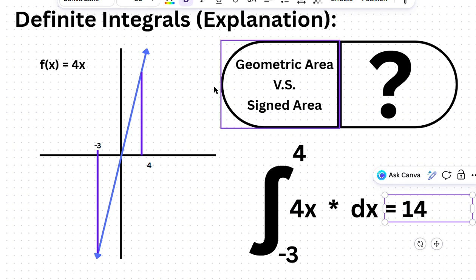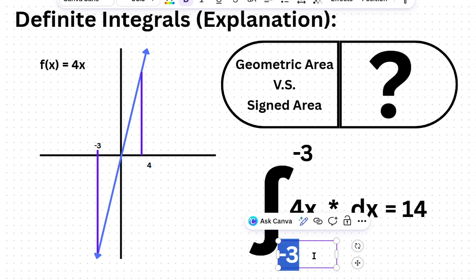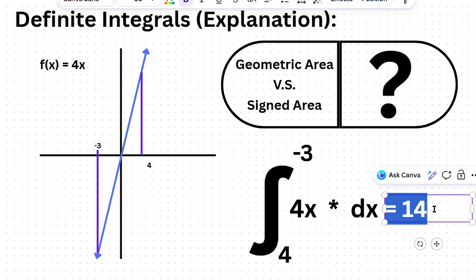That's the total accumulation. But like we said, when we go the other way around, it becomes flipped. So let's flip it: 4 to negative 3. What do you think would happen now? Since we're now going the other way, the positive area is now less than the negative area, so the answer will become negative.